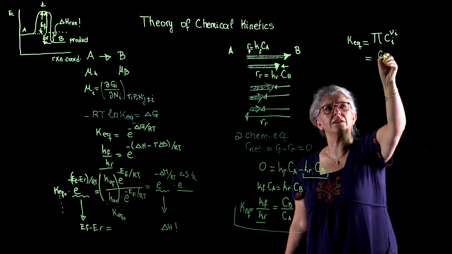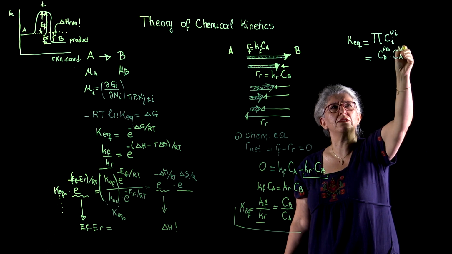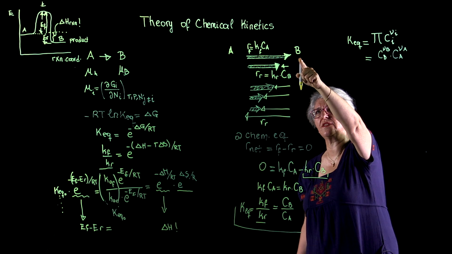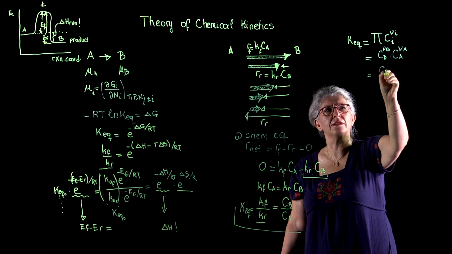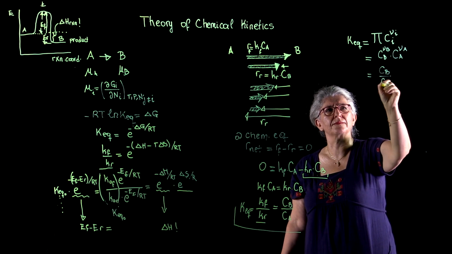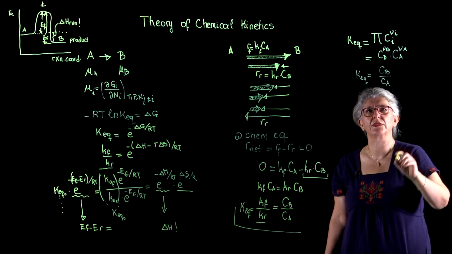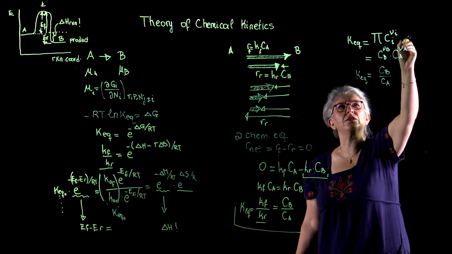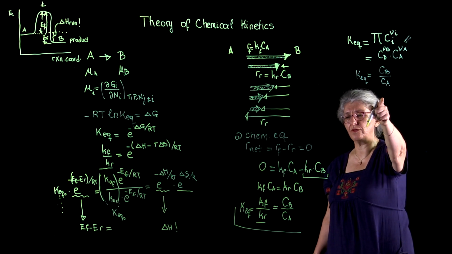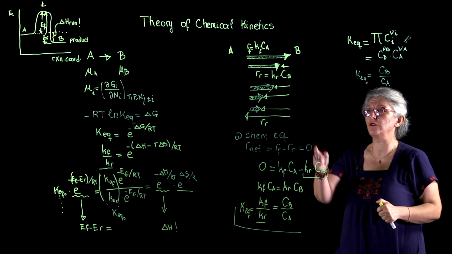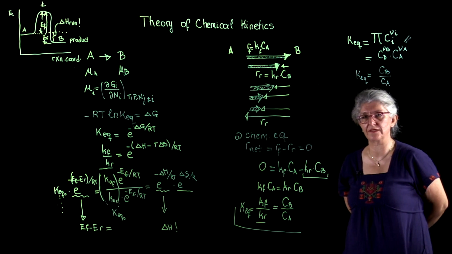This is Cb raised to the power nu b times Ca raised to the power nu a. Nu b is +1, products are positive, reactants are negative, so we have Cb over Ca. Okay, so this is the most general form of the equilibrium constant in terms of the concentrations. And now if we know the equilibrium constant, and if we know the forward rate, then we can obtain the reverse rate, because everything is tied together.